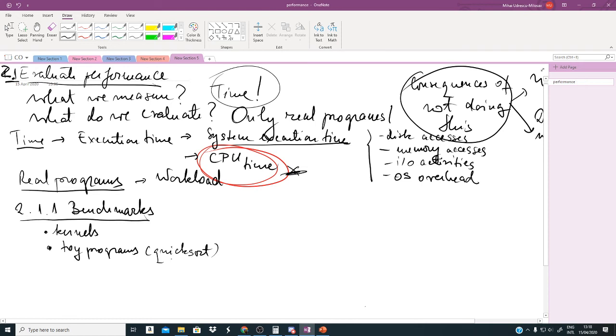So you run an algorithm, and you can see the kernel is bigger than just an algorithm. But the toy program can be a program that implements an algorithm, quicksort or something like that.